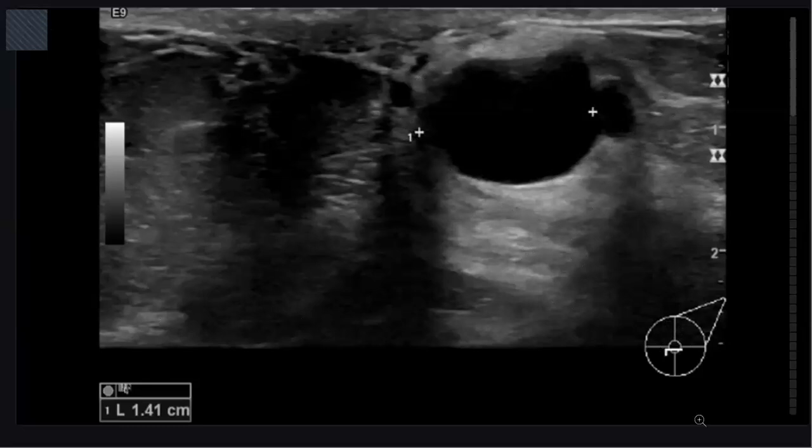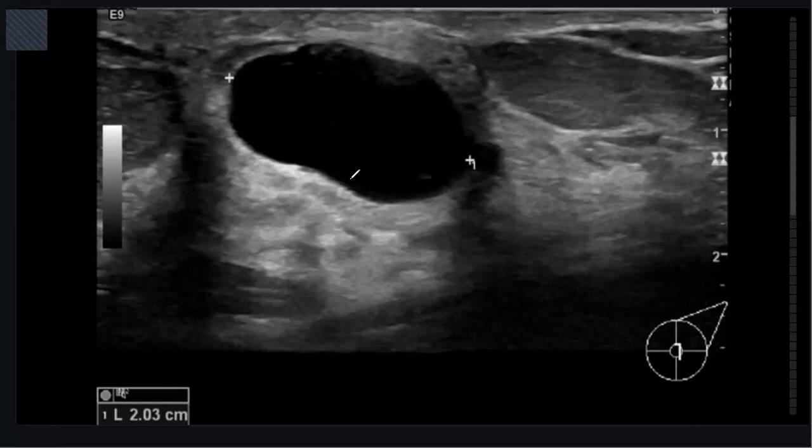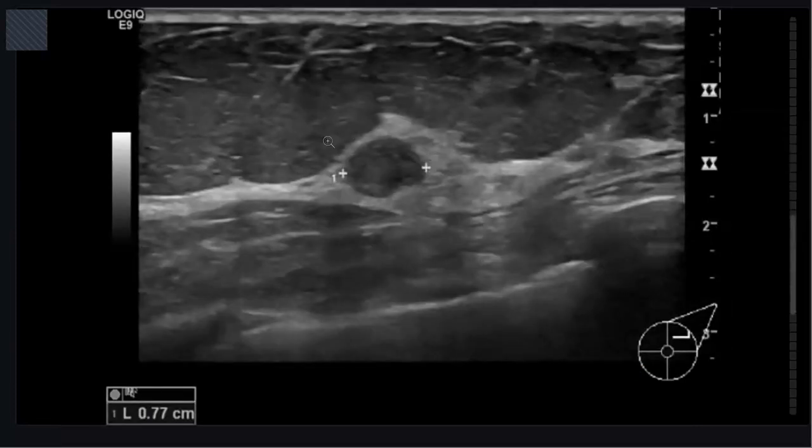Here is the localizer. You can see the localizer here, or they can tell you in writing which quadrant. Then scroll through the images, the same lesion, and this is the other lesion. As you can see, this is a well-defined, smooth margin, slightly echogenic lesion, wider than taller, going with the breast parenchyma in the left upper quadrant.